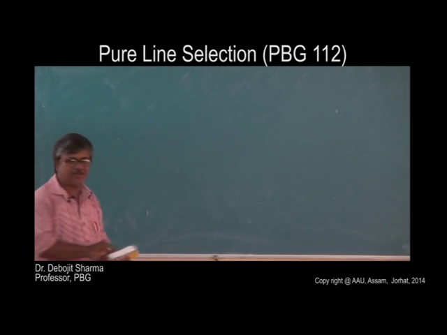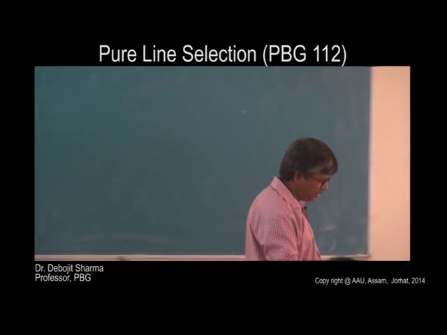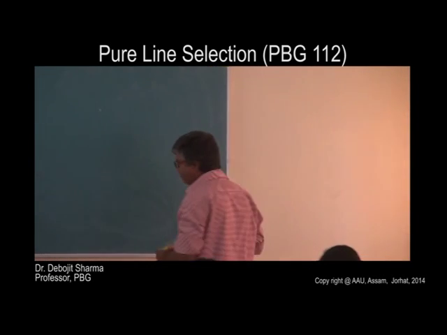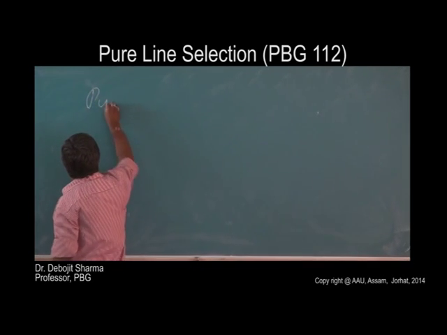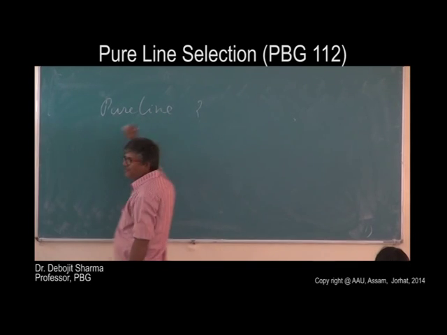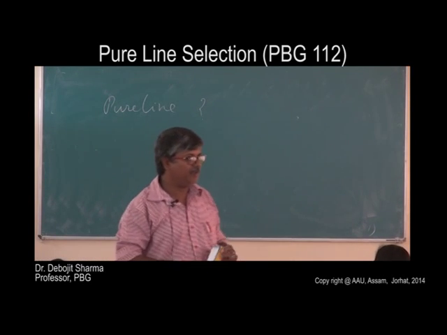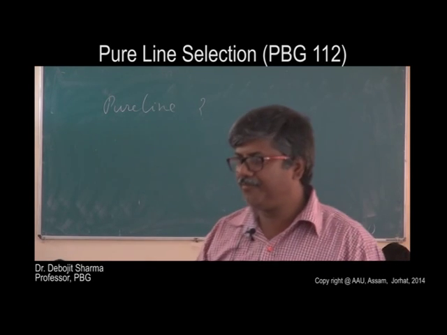So now let us start from the last class. We discussed the pure line, did we not? Pure line theory. What is a pure line? Who can tell me?